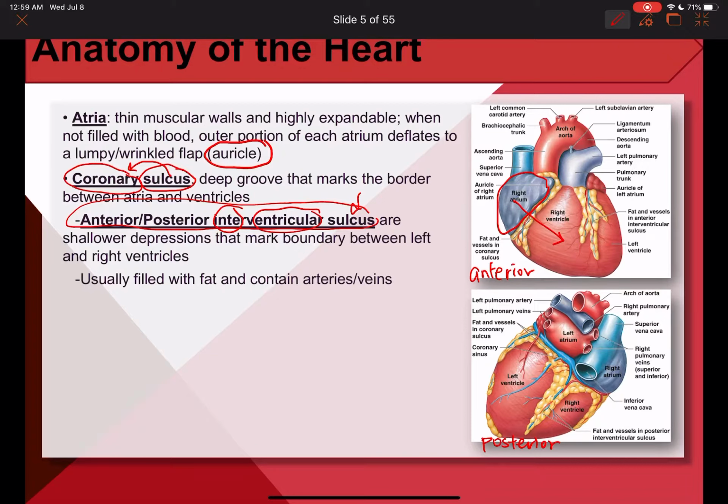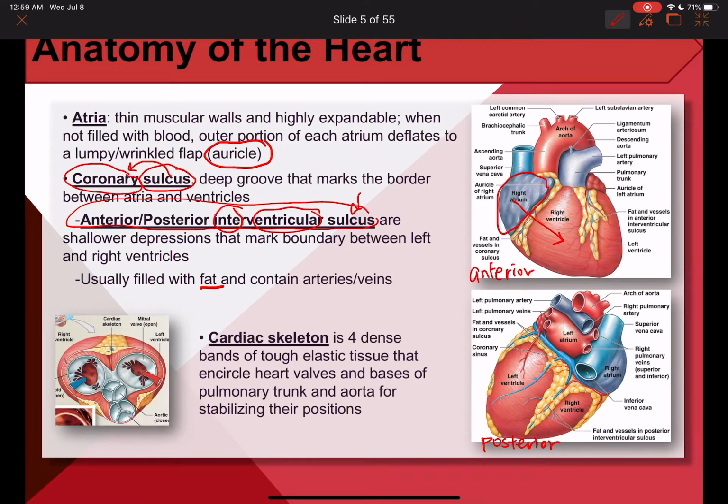These sulcus areas are usually filled with adipose tissue, and those fat cells serve as protection and cushioning of the arteries and veins that go through them. That's why you see a lot of yellow blobs here and here that represent those fat cells that surround those blood vessels to protect them and insulate them.